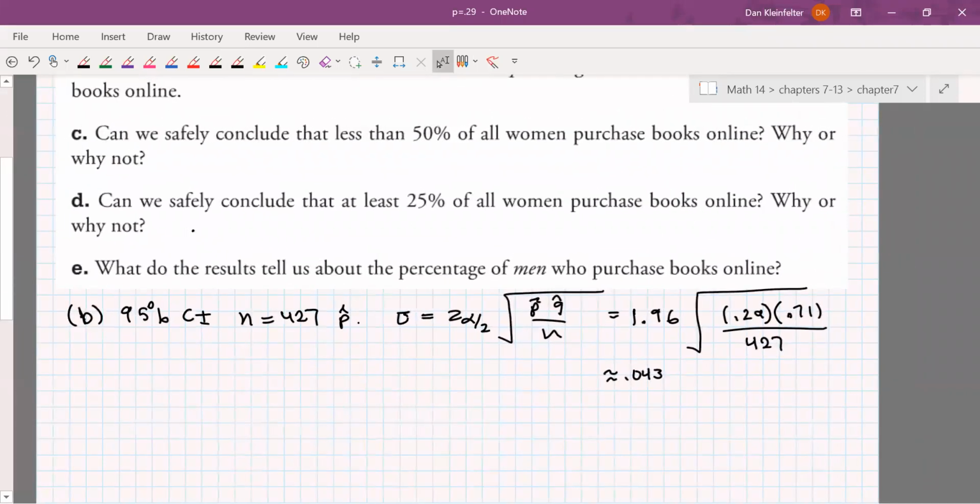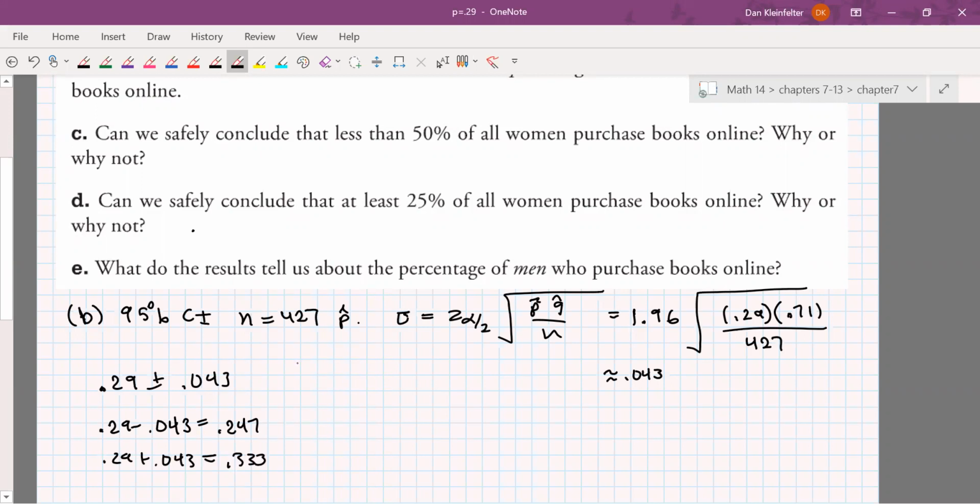So then 0.29 plus or minus 0.043 is 0.247. And the upper end, 0.29 plus 0.043 will be 0.333.